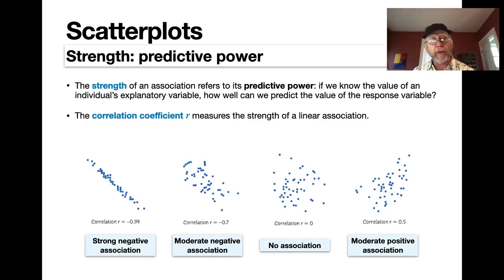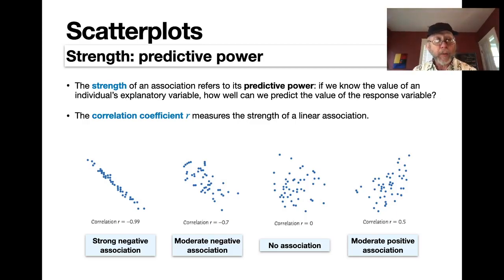If you look at the graph on the far right, you see a fairly weak positive linear association, and its correlation coefficient is R equal positive 0.5. That's one of the properties of the correlation coefficient. The sign of R, positive or negative, will tell you the direction of the linear association that you're looking at.